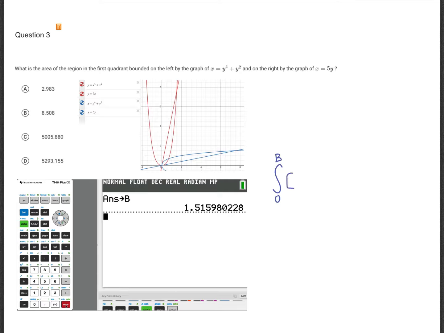Okay, and then we want the top, which in this case is the linear one, 5x. And then we'll minus the bottom function, and that minus will distribute. Oops, that should be an x. Okay, and that's it. We'll type that in the calculator.